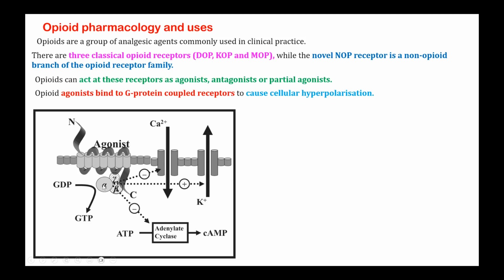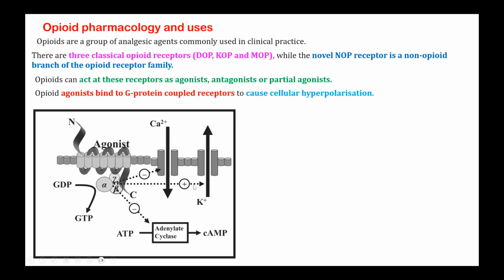This broken alpha unit will go and inhibit the calcium channel, which is a voltage gated channel, and prevent the extracellular calcium coming into the inside of the cell membrane, the neuronal membrane for that matter.